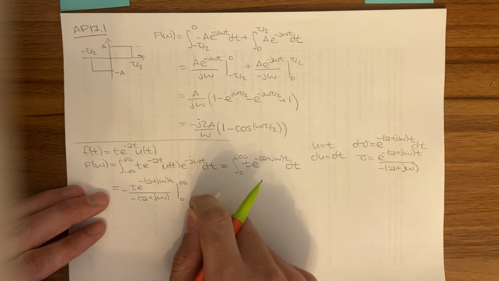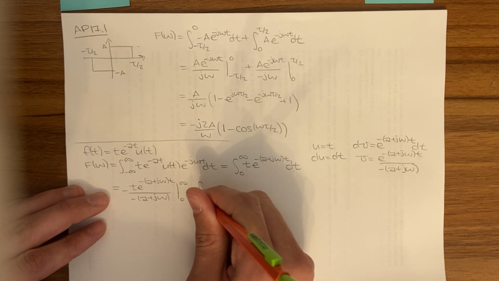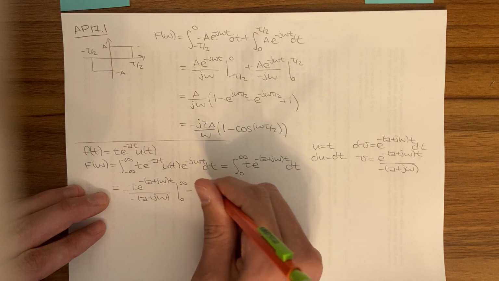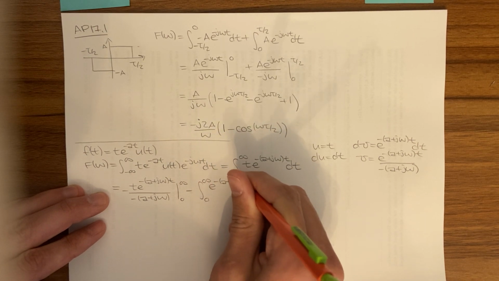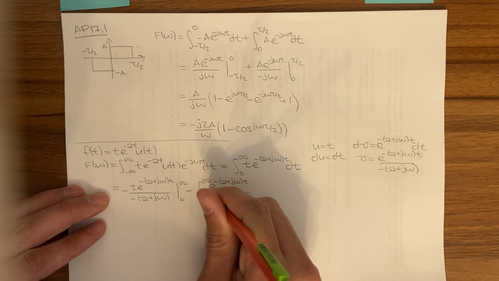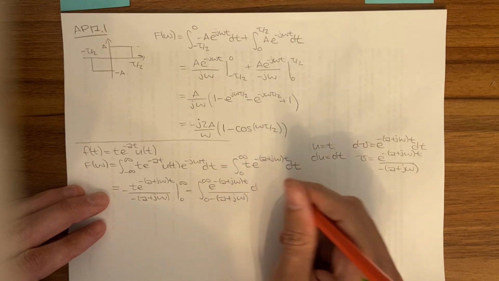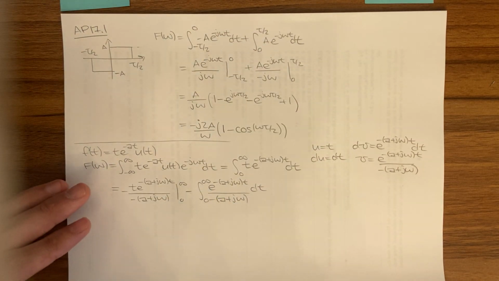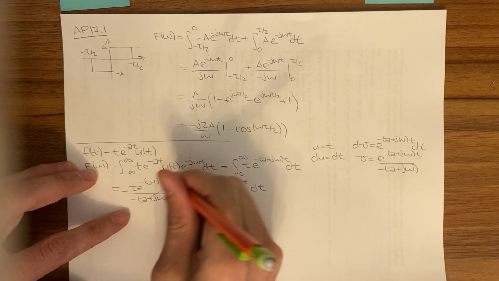Then the second integral part, from 0 to infinity, we just have e to the minus (a plus j omega) t all over minus (a plus j omega), dt. Okay, cool. Now guys, one thing that's interesting about this is this first term right here is all going to go to 0.